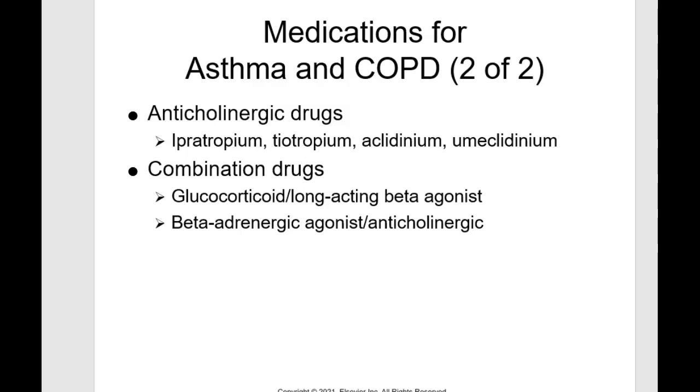Whereas the anticholinergic drugs promote bronchodilation by blocking the cholinergic receptors. And that causes the relaxation of smooth muscle tone by preventing stimulation of the cholinergic receptors. So, beta-2 agonists also work in the bronchioles, whereas the anticholinergics work in the bronchi. So they work in different areas in different ways, so they're very good together. They are all inhaled.